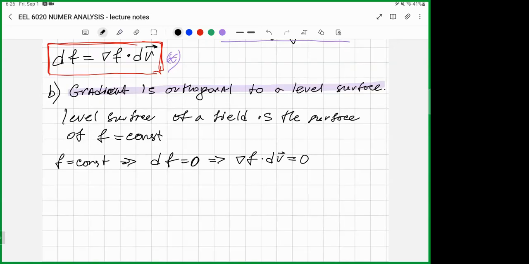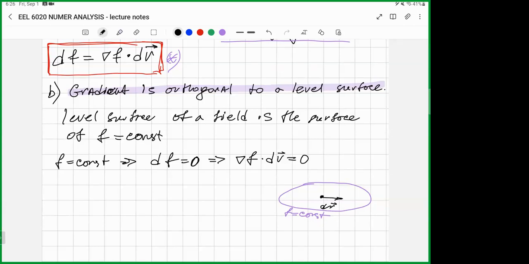And if I'm sitting on this level surface, where f is constant, and change from point to point in the surface, so this is my dr in the surface.